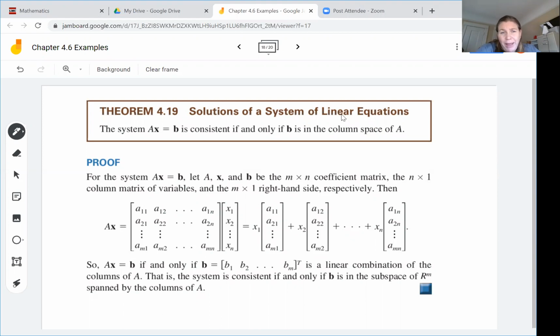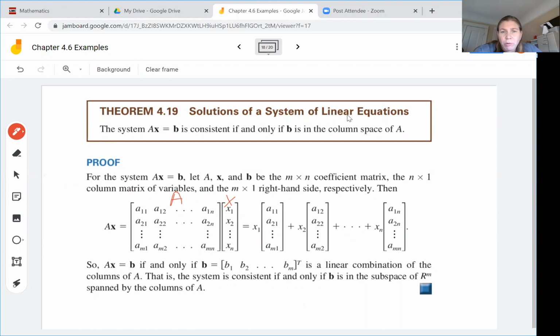For the system Ax = b, we're going to let A, x, and b be the m by n coefficient matrix, the n by 1 column matrix of the variables, and the m by 1 right-hand side. If we want to label our diagrams here, here's our matrix A, and here's our vector x.